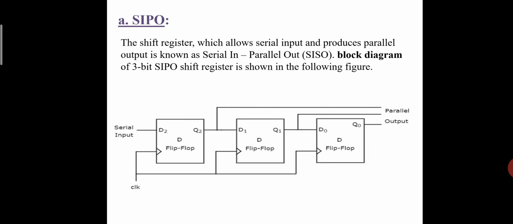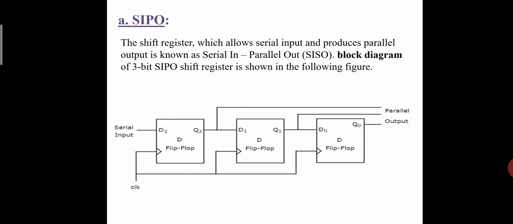Similarly, another class, that is serial in parallel out. The shift register which allows the serial input and produces the output in a parallel manner, therefore we call it serial in parallel out.